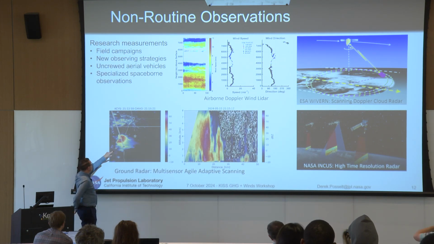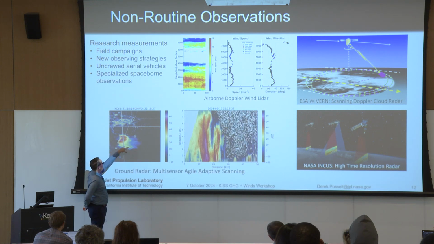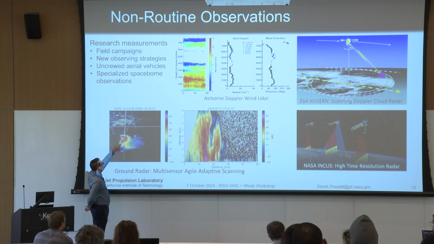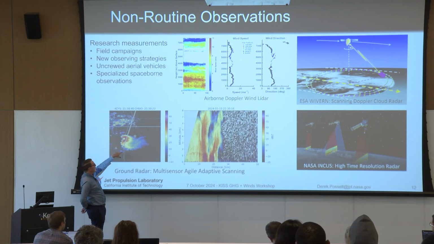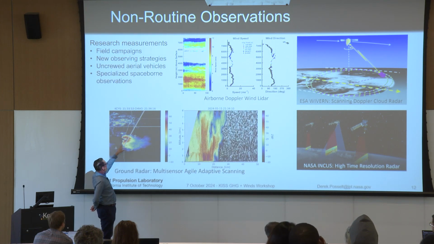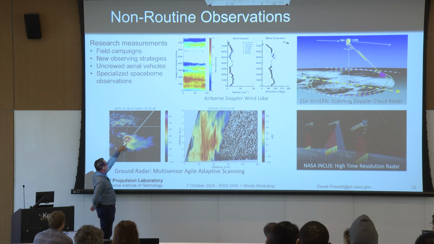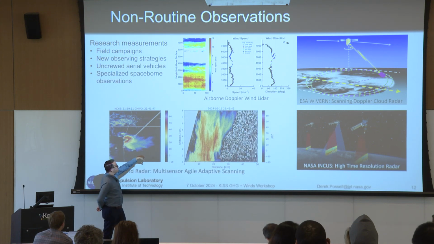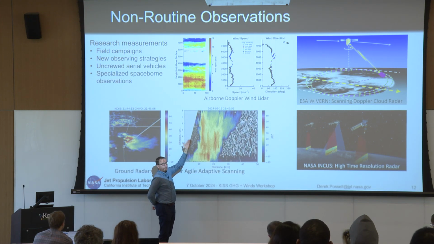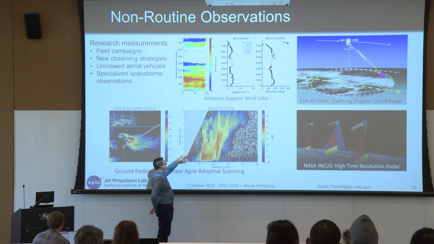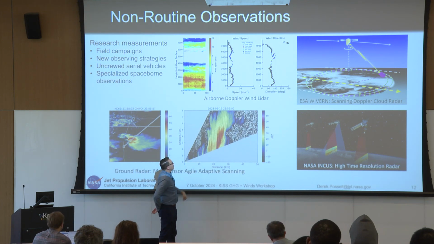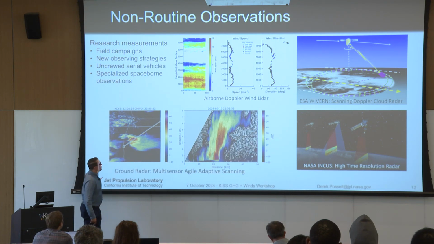So for example, this is regular Weather Service radar showing us where a storm is. And then we have a phased array radar, which can scan very, very rapidly. The phased array radar is automatically tracking where those cells were in the Weather Service radar, and then giving you very rapid vertical scans through those clouds, and giving you very detailed depictions of what the motions in those clouds are.